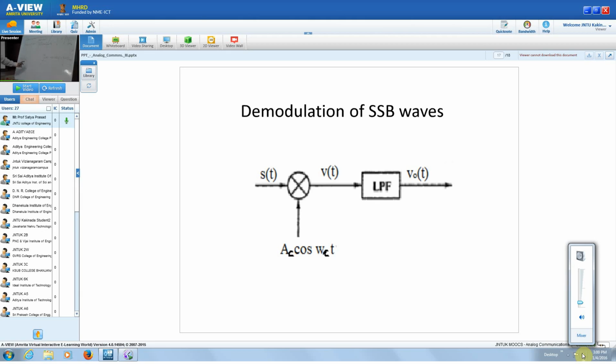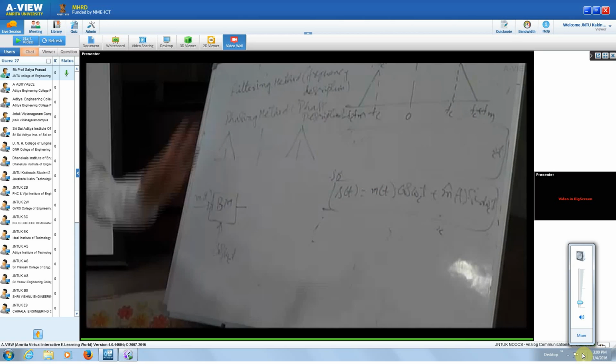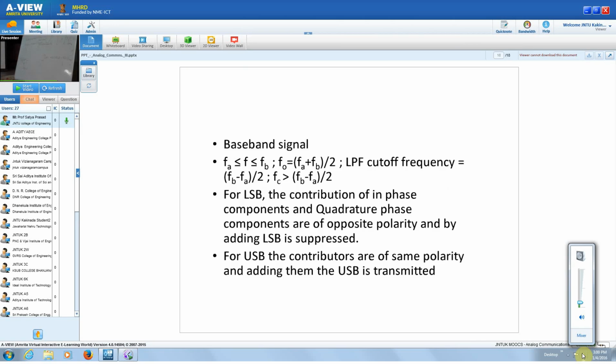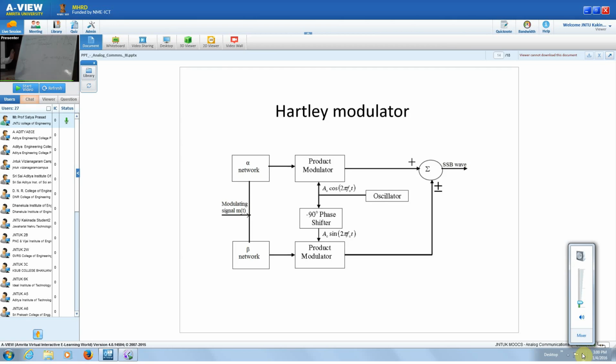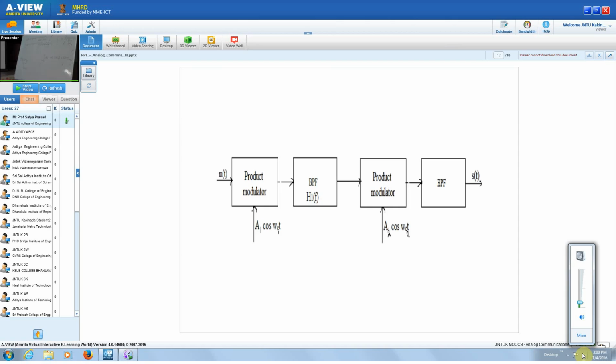So this is your DSB-SC signal, from a product modulator, and actually this is a balanced modulator, because a product modulator may not suppress your carrier signal, whereas a balanced modulator is going to suppress your carrier signal also. So simply you say product modulator, because this is a product of these two signals, m of t into cos omega ct, that's what we want in the case of DSB-SC signal.